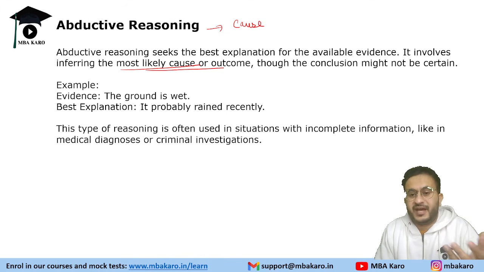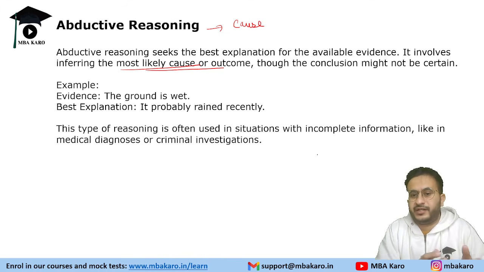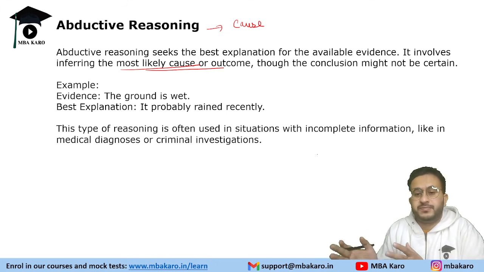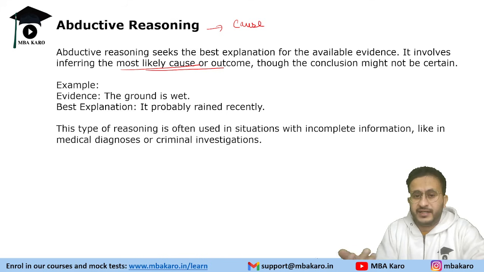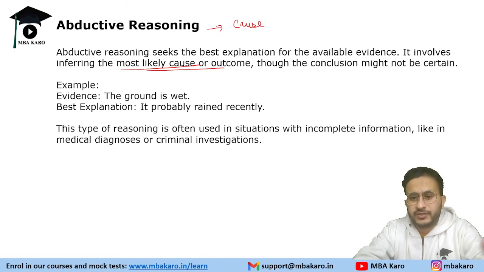The person may have a habit of smoking, not active, maybe a passive smoker, or must be living in a polluted area, or must be working in some factory, right? Similarly, criminal investigations, right? Based on the marks, you determine that this could be the cause, unless we do the complete research. Whenever we have incomplete information and we make some logical conclusion, that is called abductive reasoning.